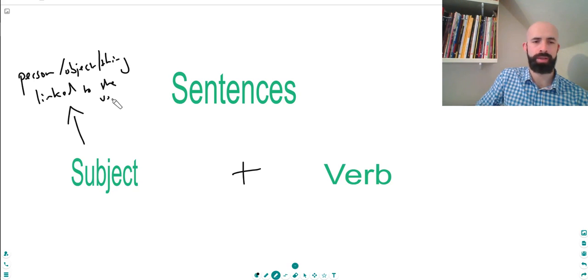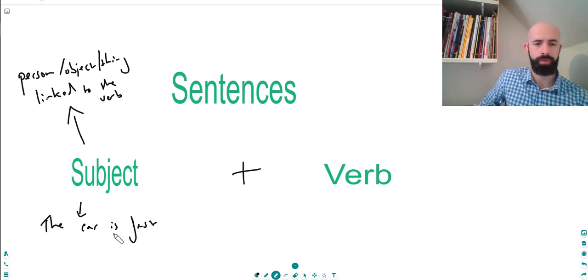Okay, so for example, let me give you a few examples here. The car is fast. The verb is, and car is linked to the verb. It's the car that is fast, so the car is the subject there.